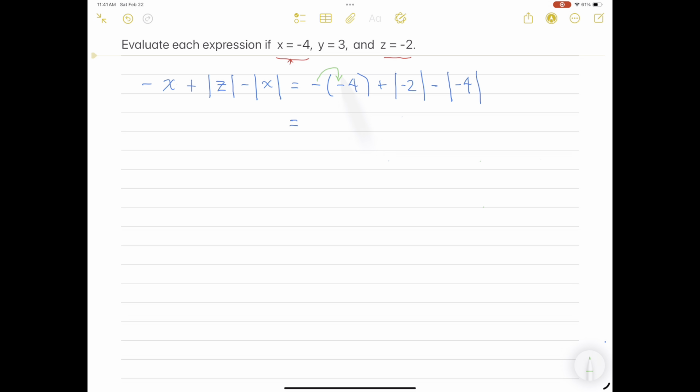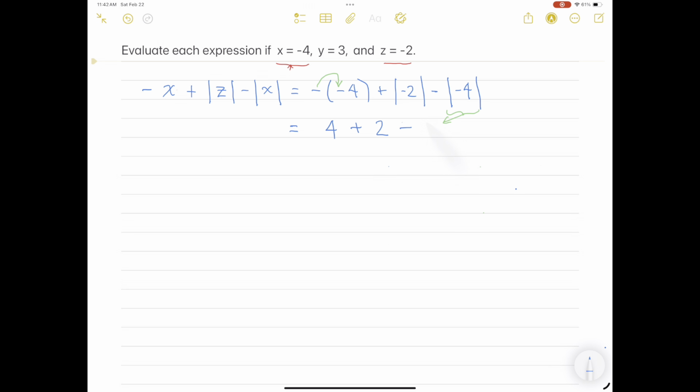So first, the negative sign inverses -4 to make it +4. So now I have +4 plus the absolute value of -2 is +2 minus the absolute value of -4 is +4. So that gives me 4 plus 2 minus 4.